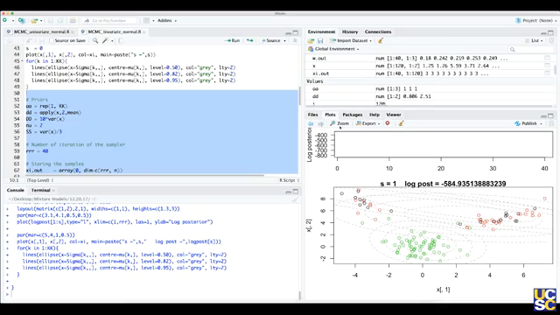So after one step, the algorithm has decided that it needs to have some components with a bigger variance because it needs to capture these observations that were not being captured by the previous estimate. But this is still a very bad estimate of the distribution. But as we take a few more steps, the algorithm starts to differentiate between the two components, and correspondingly, the log posterior starts to increase.